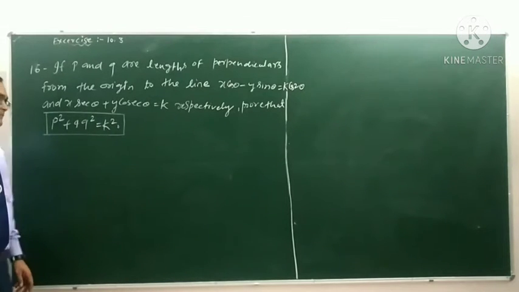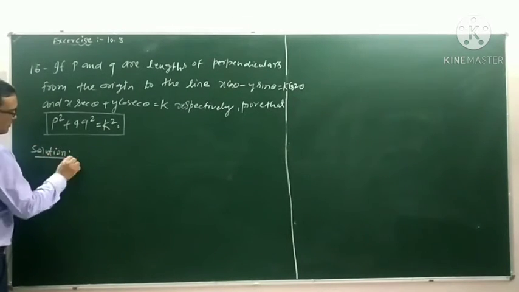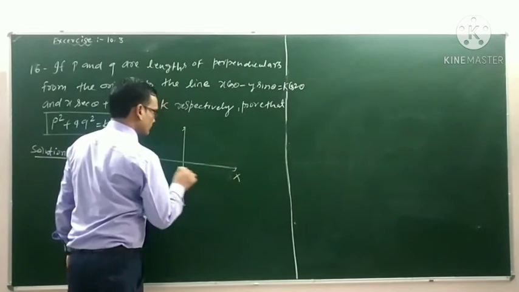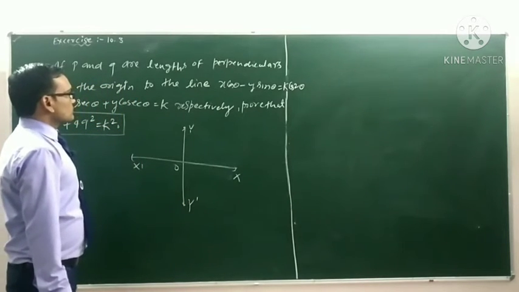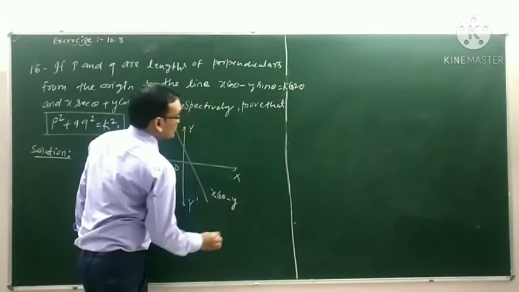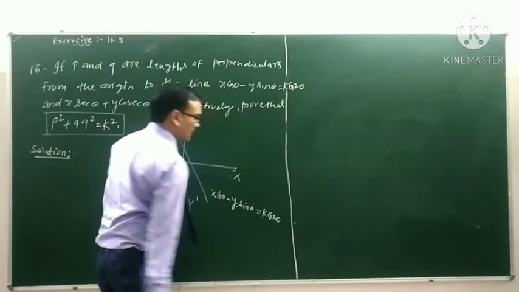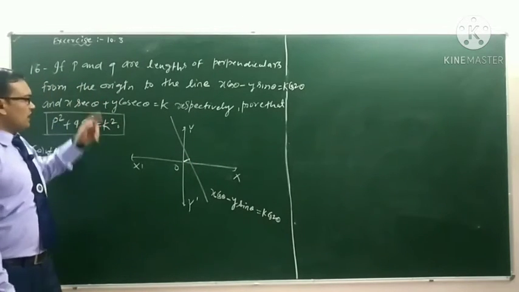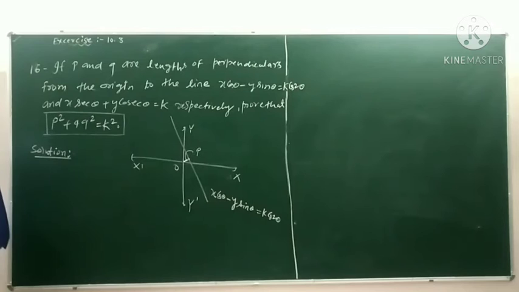Okay students, solution. In a Cartesian plane, suppose that x cos theta minus y sin theta is equal to k cos 2 theta is the line, and the perpendicular distance from the origin to the line is p.